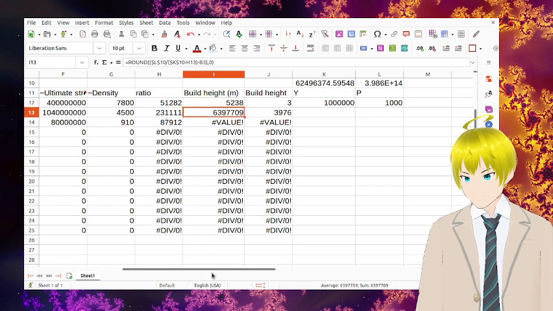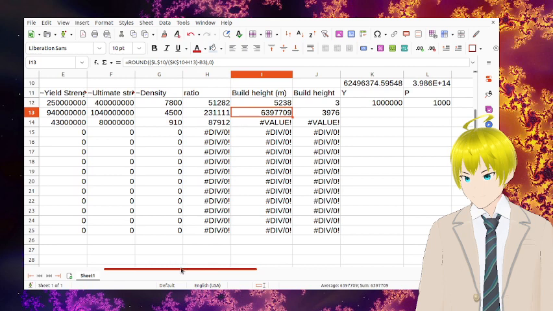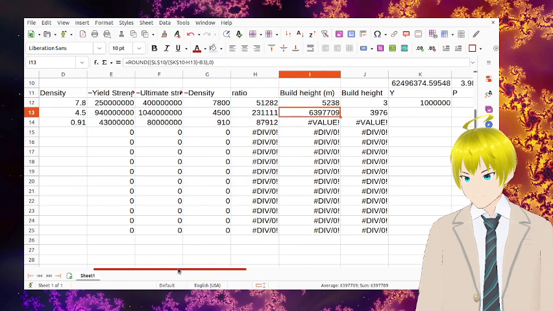This seems too big. Ultimate stress. Density is lower. Is it really a 1,000-fold increase in your build height? Does that seem right? It just doesn't seem right. Wow.